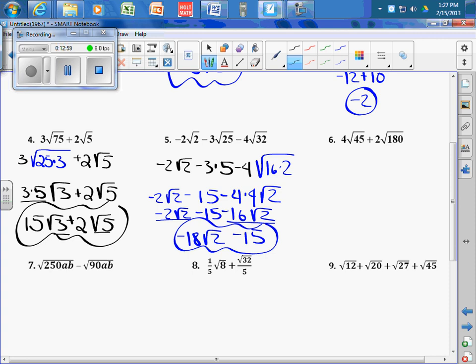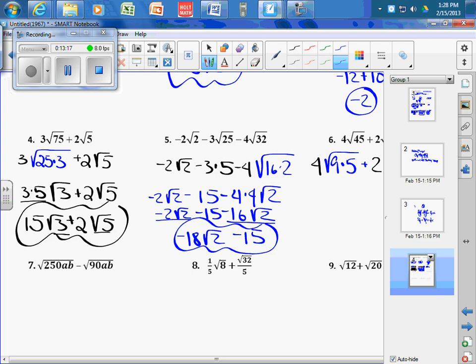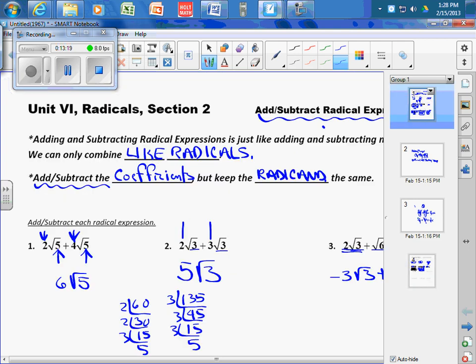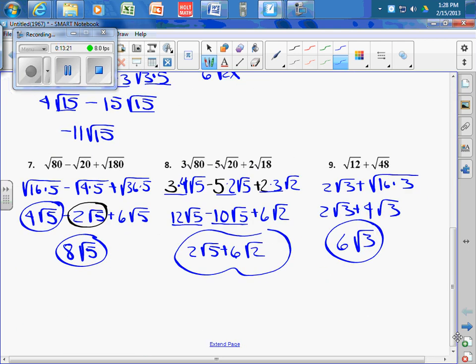Bring down the 4 in number 6, and then radical 45 would be radical 9 times 5 plus 2, bring down that 2, and then radical 180, we found out what that was earlier, I believe, right? We already did the work for this. It's 6 radical 5, right?